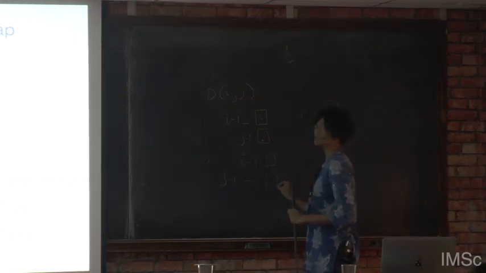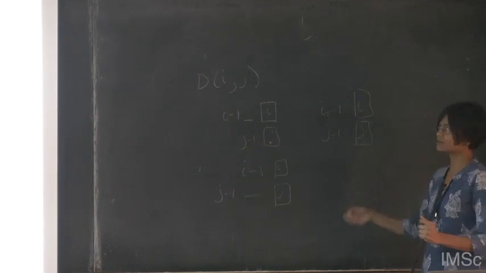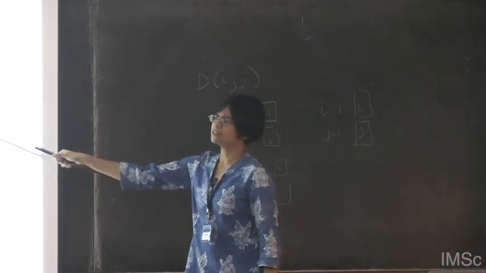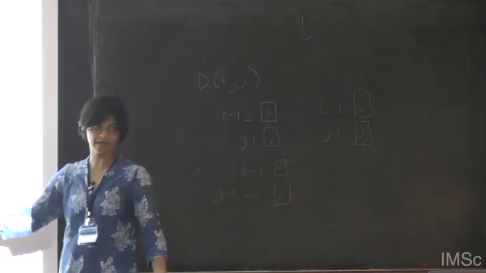These are the three possibilities, right? That you have a gap here, gap there, or you have an alignment earlier. And all three are treated equally, and you add to that and take the max.